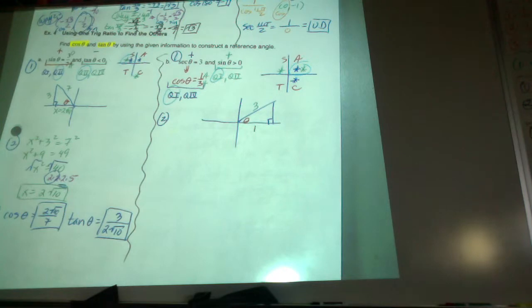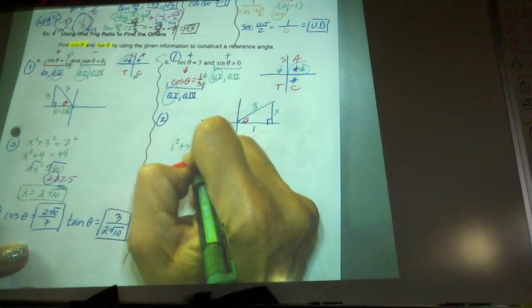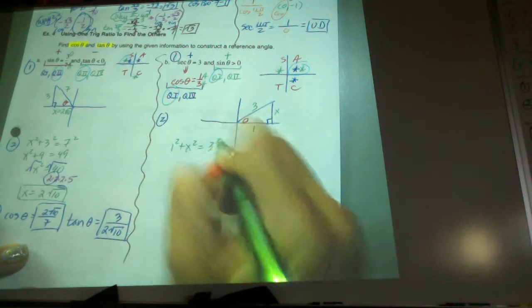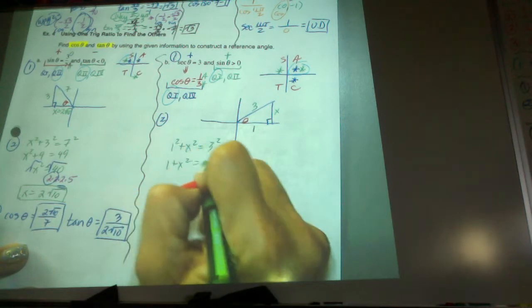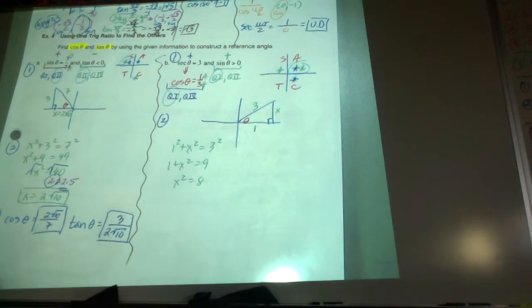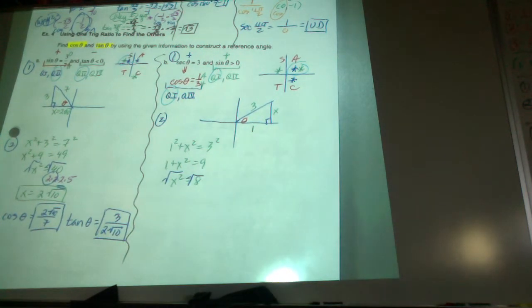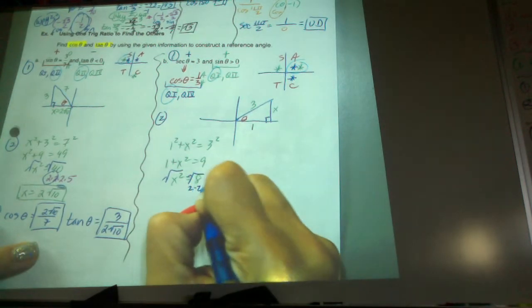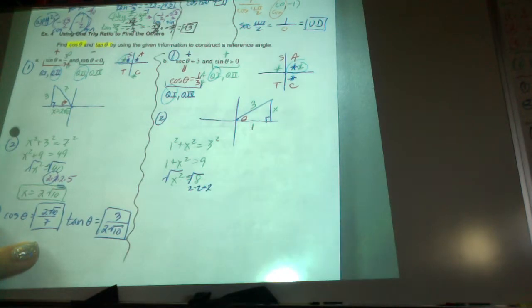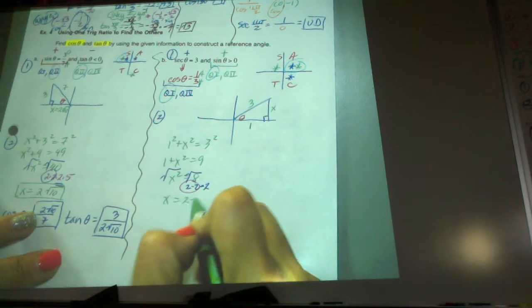It's not a Pythagorean triple, so we have to find x. So 1 squared plus x squared equals 3 squared. 1 plus x squared equals 9. Subtract 1, x squared is 8. So when you take the square root of both sides, what's the square root of 8? 8 is 2 times 2 times 2. So you can pull out a pair of 2's. So x is 2 rad 2.